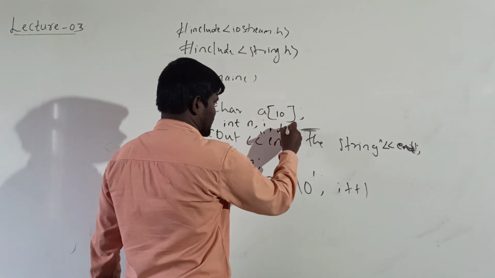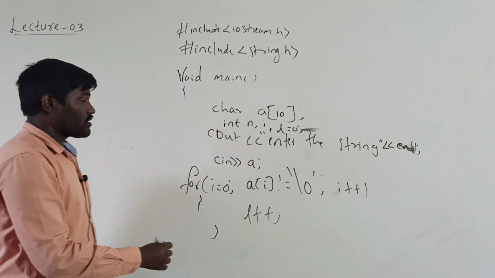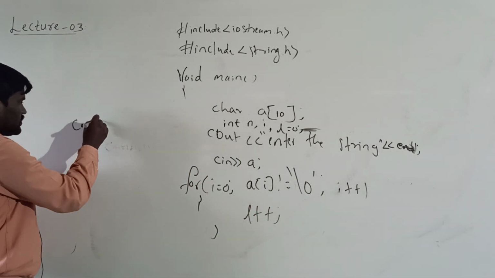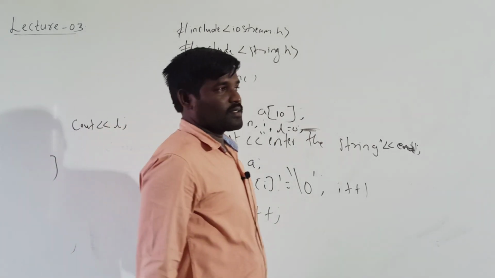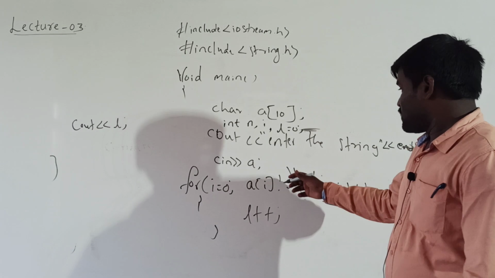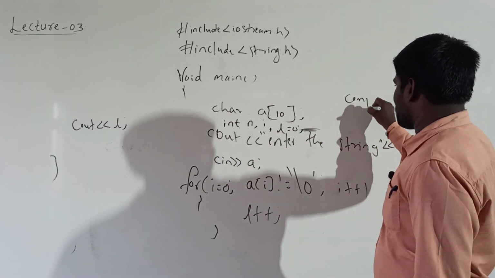Initially I take length l equal to 0, so just l plus plus, then cout l. This is the different one. Input is computer.